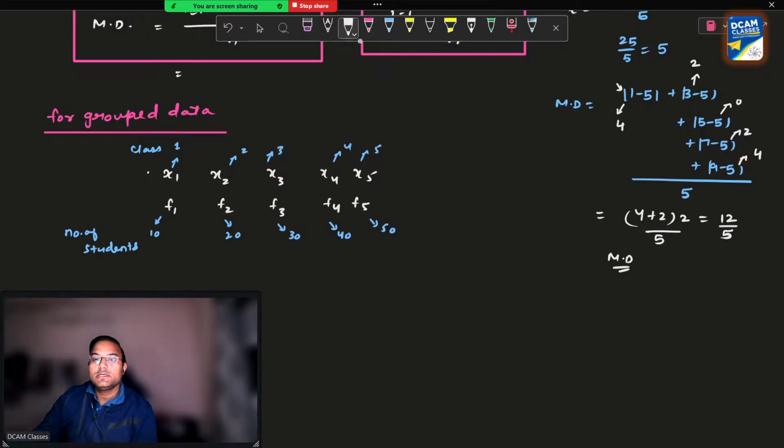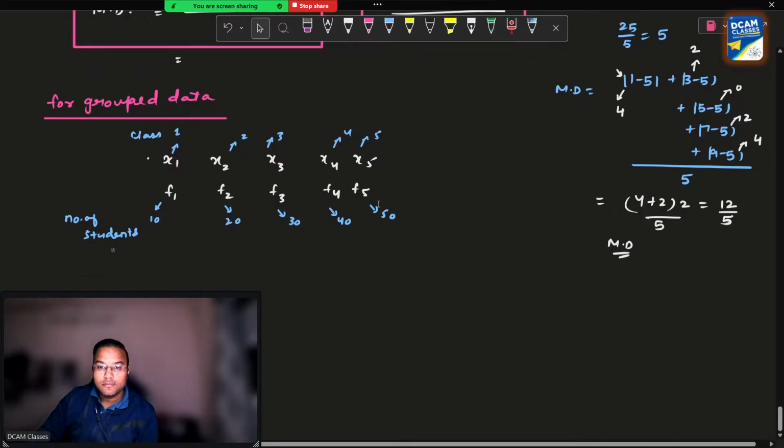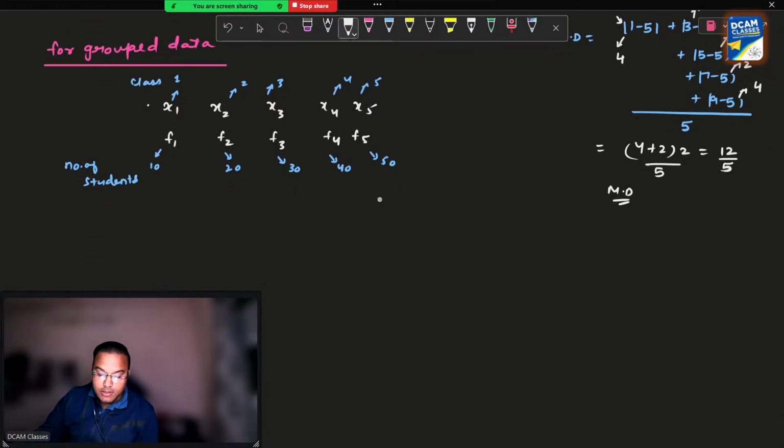Now after this, what's the formula used for finding the mean deviation? The formula is sigma i equals 1 to n fi mod xi minus a, whole divided by sigma fi.